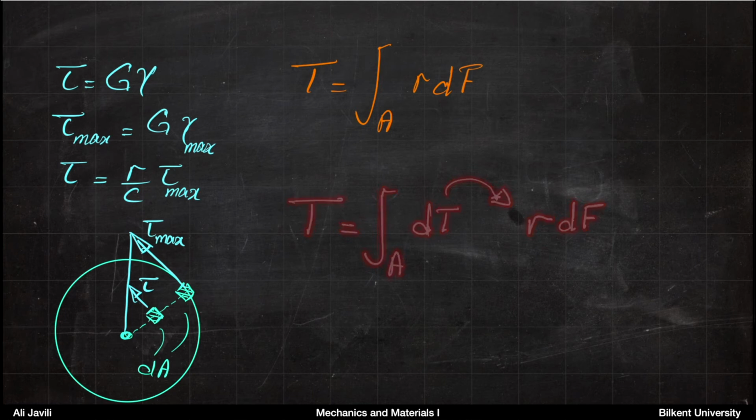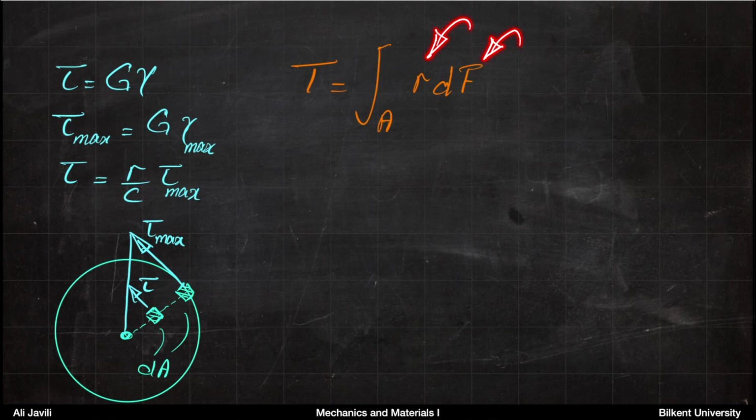So the moment of an incremental force with respect to, let's say, axis x, with respect to the longitudinal axis, would be the distance times force. So what you want to do now is to calculate the torque by integrating distance times force over the area.